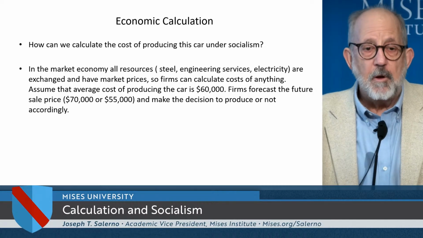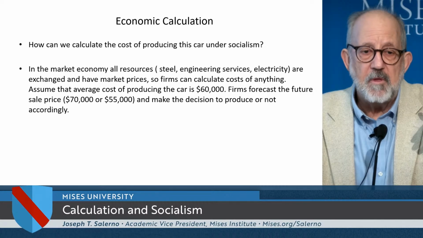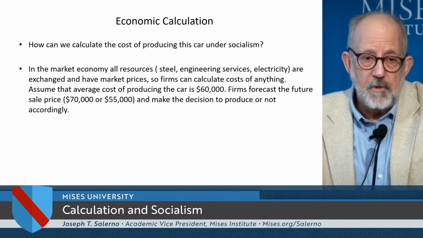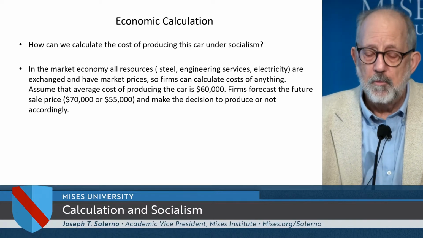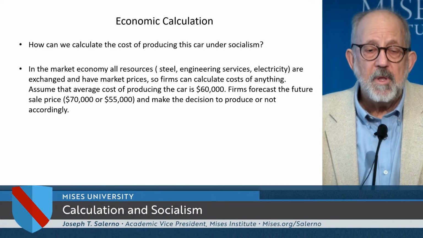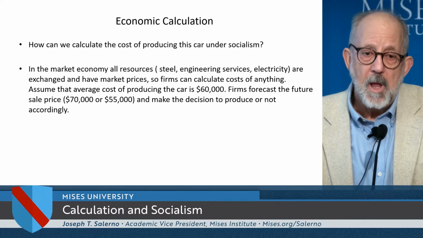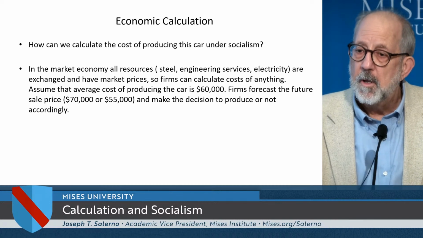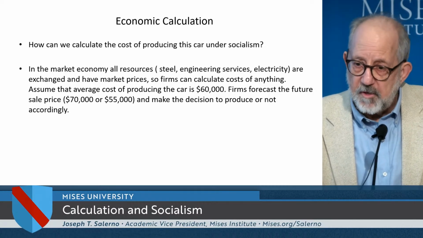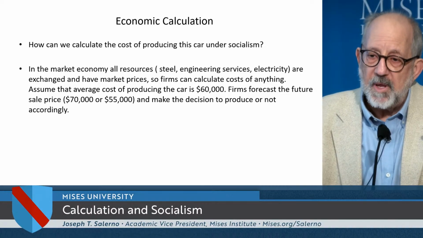Now firms don't know the selling price of this car, and let's say it takes a number of years to bring it from the engineering drawing board to the dealer's showroom, so you have to forecast 3 or 4 years in the future. Well, even that's doable. Entrepreneurs can make educated guesses, educated forecasts based on their past experience and based on what they know about present prices that they're just seeing. They can guess about how things will change and what price that car may sell for.